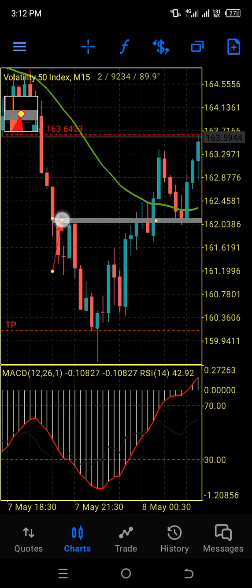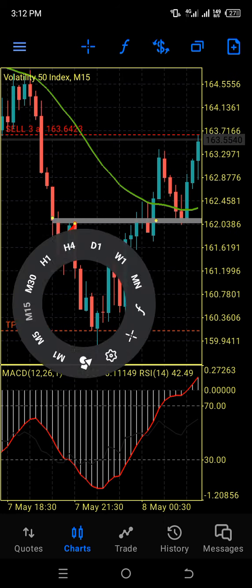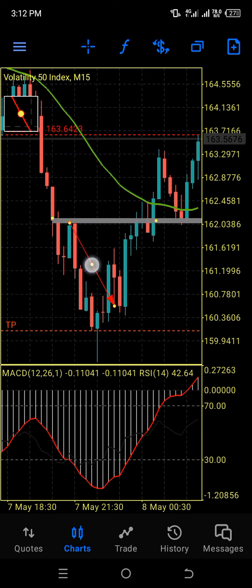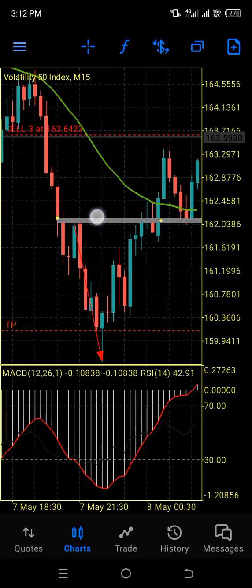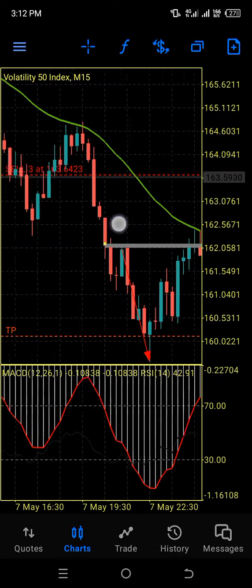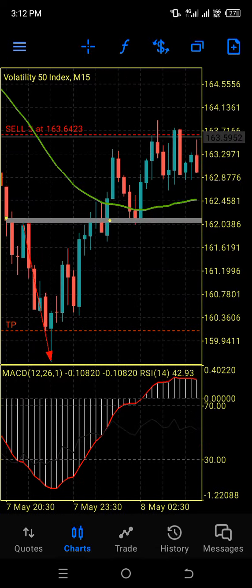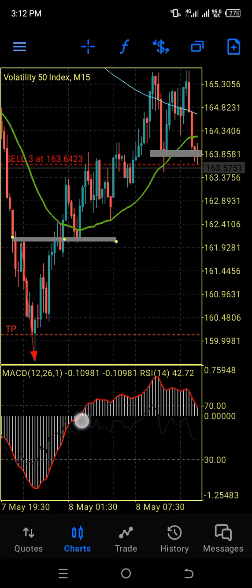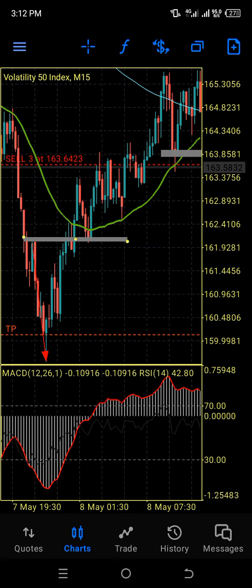This was the last swing high before it gave us this low, and this is the last swing low. Having revisited the last high right here, I marked that, and price broke out of that zone and retested. And if you observe as well, you can see that the MACD is also showing a cross around here.